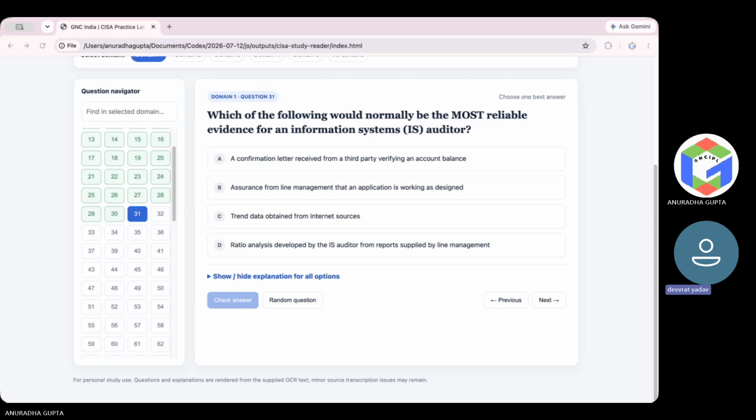Trend analysis obtained from the internet source. No confirmation level, third party. Ratio analysis developed by the IS auditor from reports supplied by the line manager.